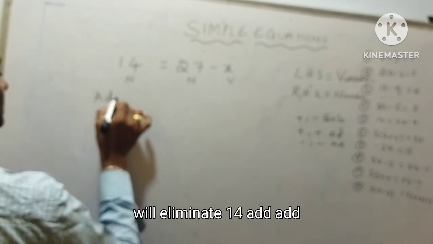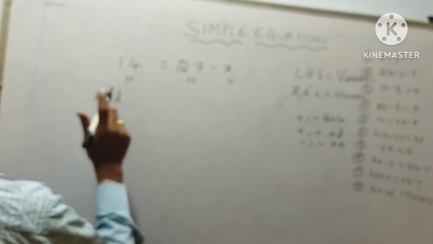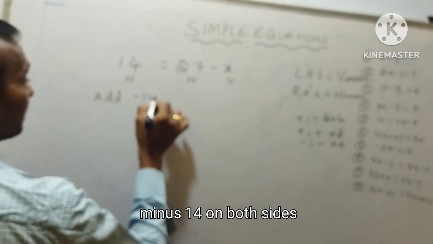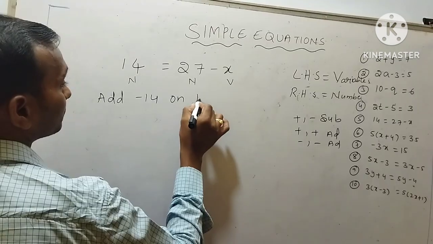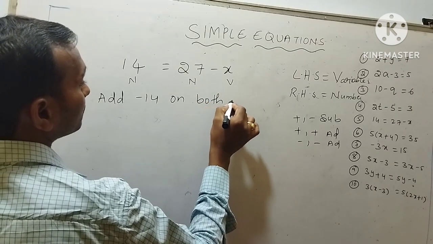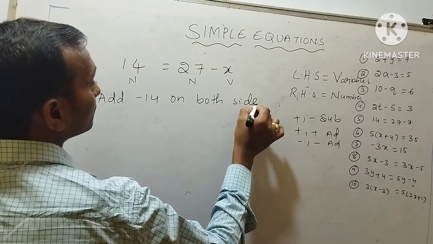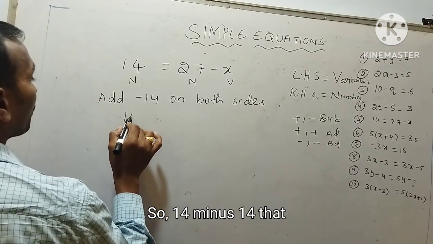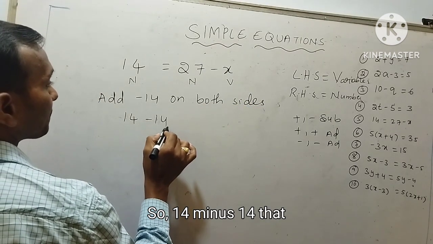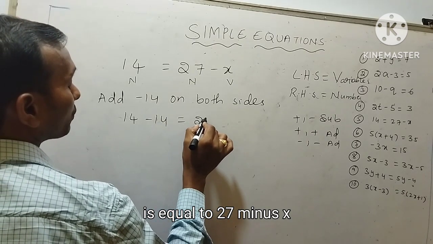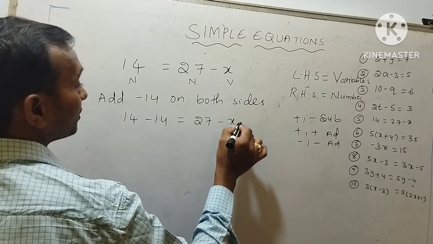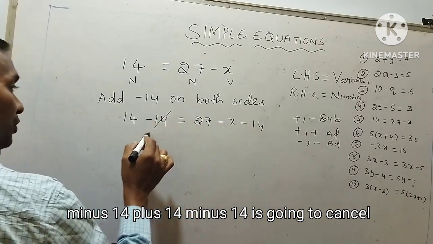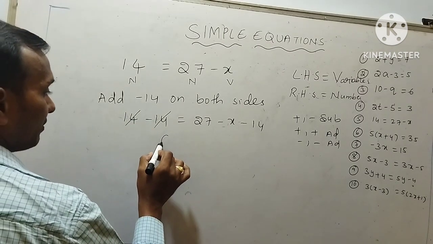Add minus 14 on both sides. So 14 minus 14, that is equal to 27 minus x minus 14. Plus 14 minus 14 is going to cancel. We will get 0 here.